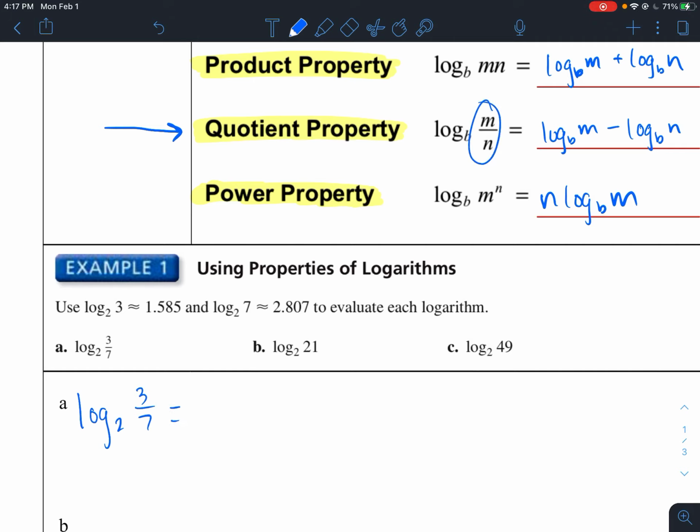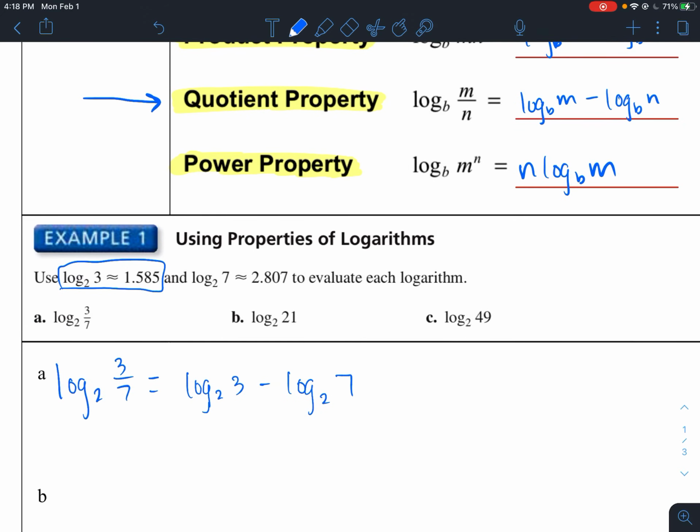I know log base 2 of 3 divided by 7 is equivalent to log base 2 of 3 minus log base 2 of 7. Log base 2 of 3 is equivalent to 1.585, so that's this term right here.